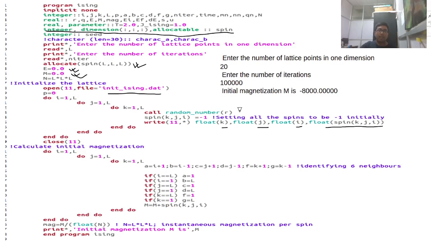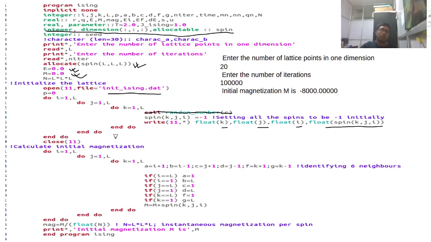For each lattice site, for the first question you need not write the call random number line, since by the question you have to set all the spins to be -1. So this line will set all of your spins to -1 initially, and you initialize the lattice this way and save all your data in init ising dot dat.